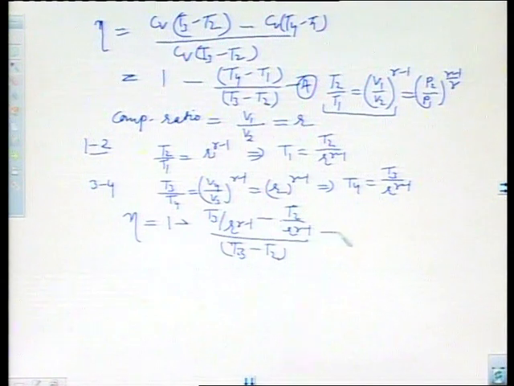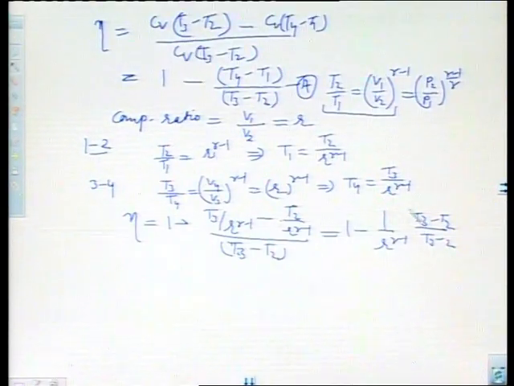Now, this is further equal to 1 minus 1 by R to the power gamma minus 1, as T3 minus T2 is cancelled out. So, efficiency is nothing but 1 minus 1 by R to the power gamma minus 1, in terms of the compression ratio R.